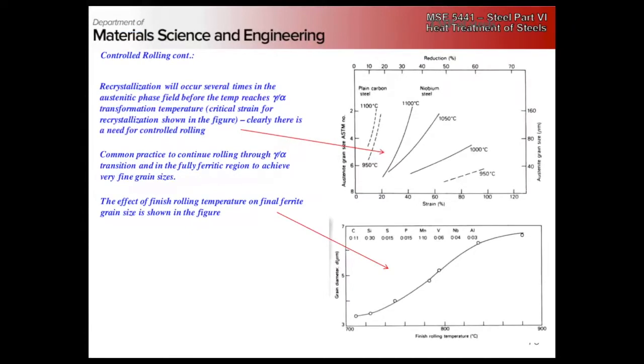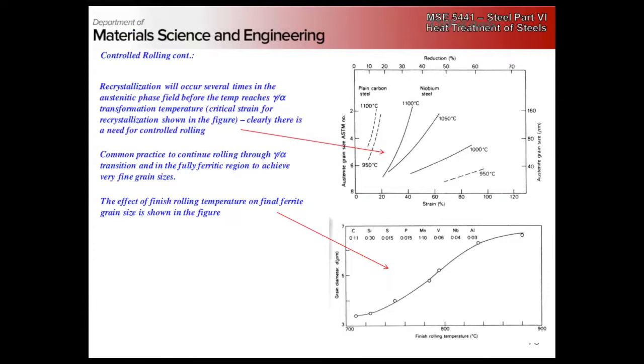And this is basically just showing the final grain diameter as a function of the finish rolling temperature. During this dynamic recrystallization during the rolling process, what is the final grain size going to depend on? We'll leave the pinning out of the discussion for a second.